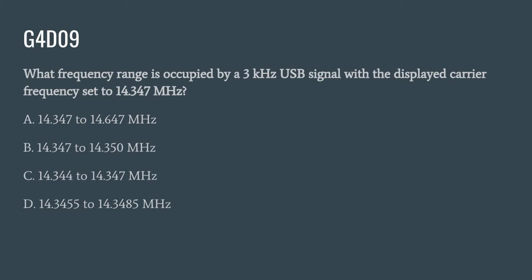G4D09, what frequency range is occupied by a 3 kHz upper sideband signal when the displayed carrier frequency is set to 14.347 MHz? A, 14.347 to 14.647 MHz. B, 14.347 to 14.350 MHz.